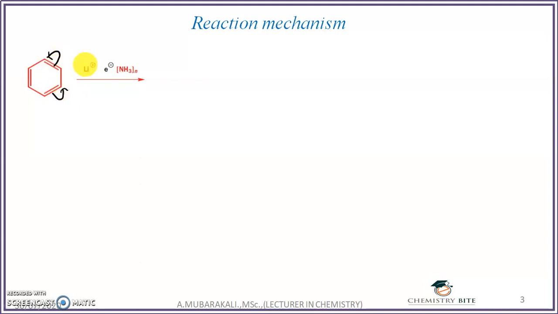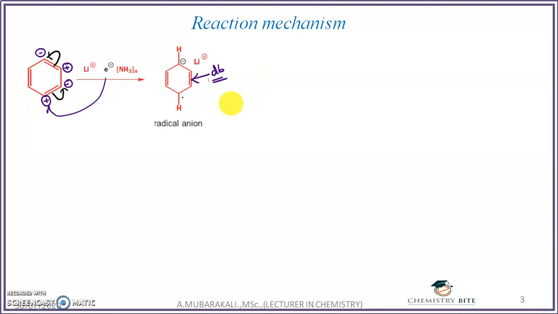Because of the polarization, one carbon gets a negative charge, and at the same time you get a positive charge on this carbon. The electron is given to this carbon and it converts into the radical anion like this. Between the positive and negative charge you get a double bond, a newly formed double bond. So you got one radical anion.